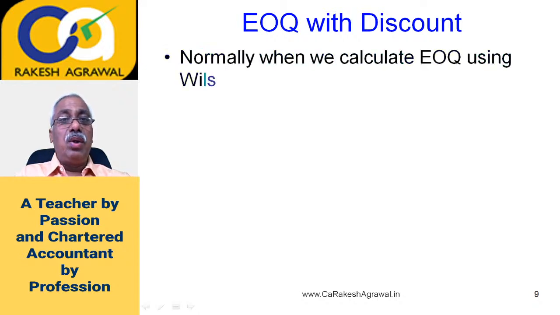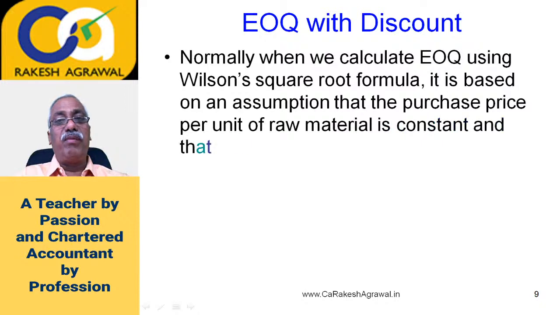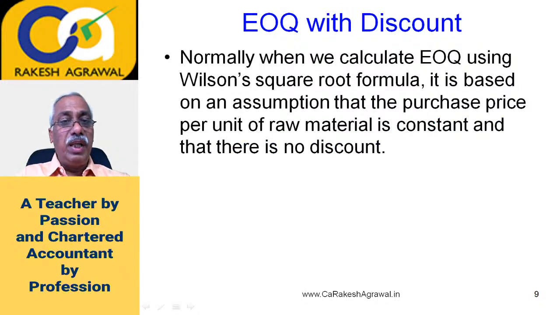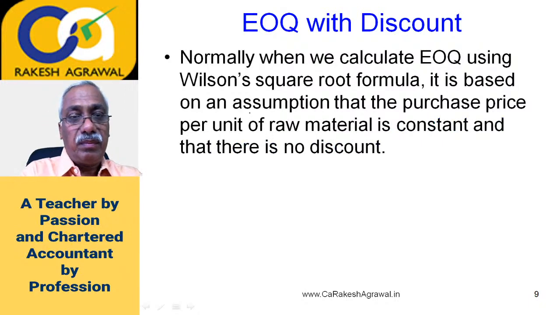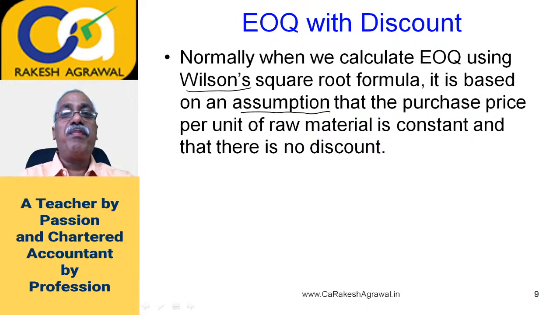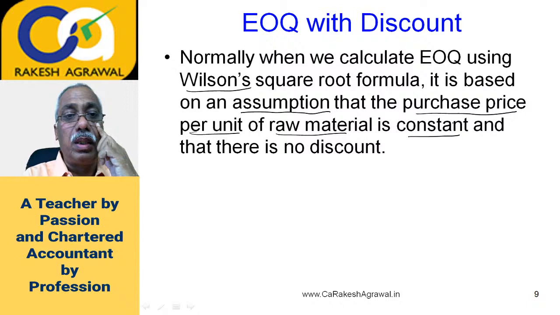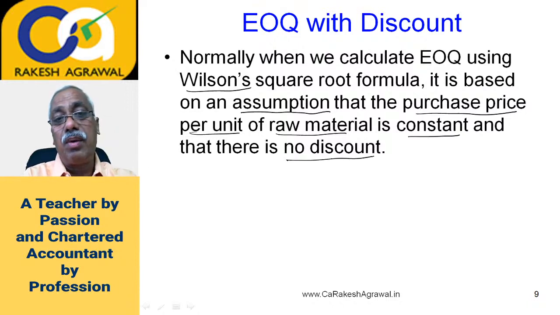So let us discuss. Normally, when we calculate EOQ using Wilson's square root formula, it is based on an assumption. What is that assumption? That the purchase price per unit of raw material is constant and there is no discount.